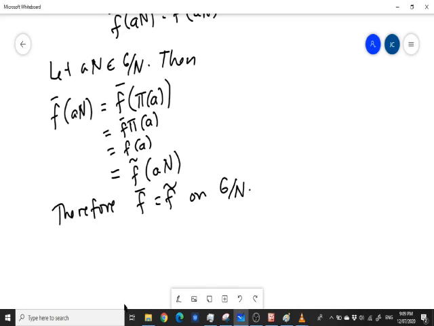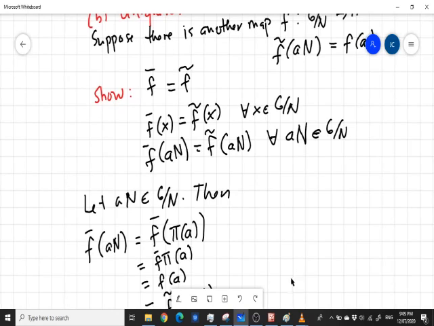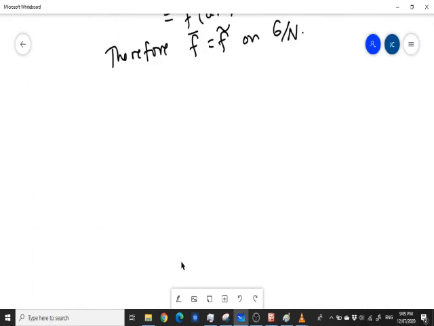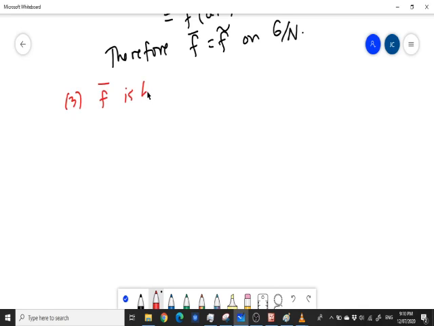Right? So let me read my notes. Okay, we are done with uniqueness. Let's go to homomorphism. f bar is a homomorphism.